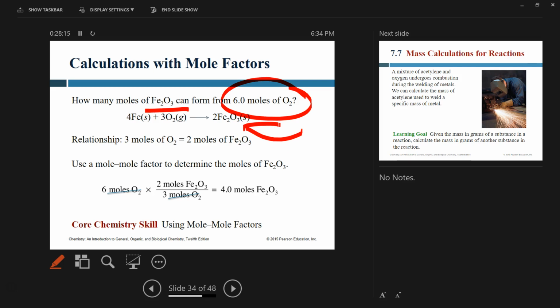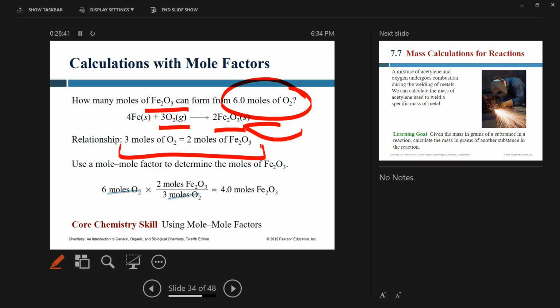So you can check your calculations. I'm going to explain step by step. If you take 3 moles of oxygen, you're going to produce 2 moles of iron oxide. Before we move on, do you understand that? That comes from the equation.